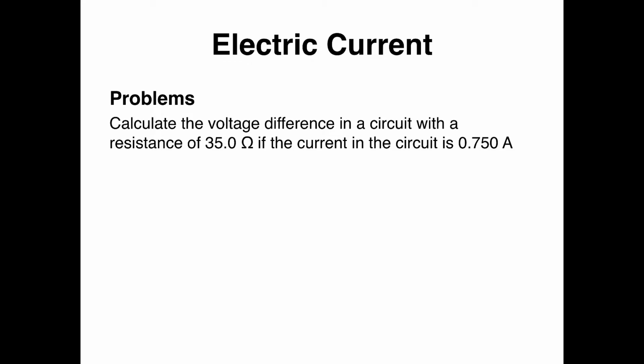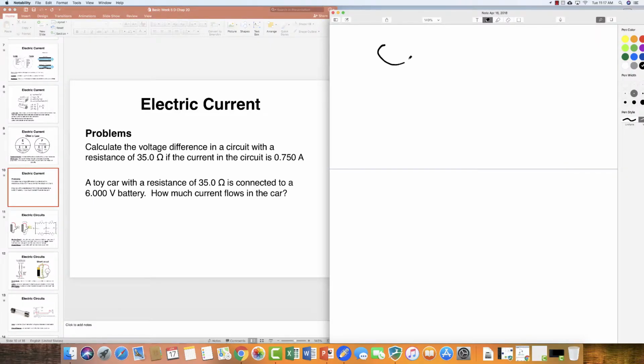Calculate the voltage difference in a circuit with a resistance of 35 ohms and a current of 0.75 amps. So let's take a look at this. If we draw our little circle, we put E up here, I over here, and R over here. That just helps us remember.